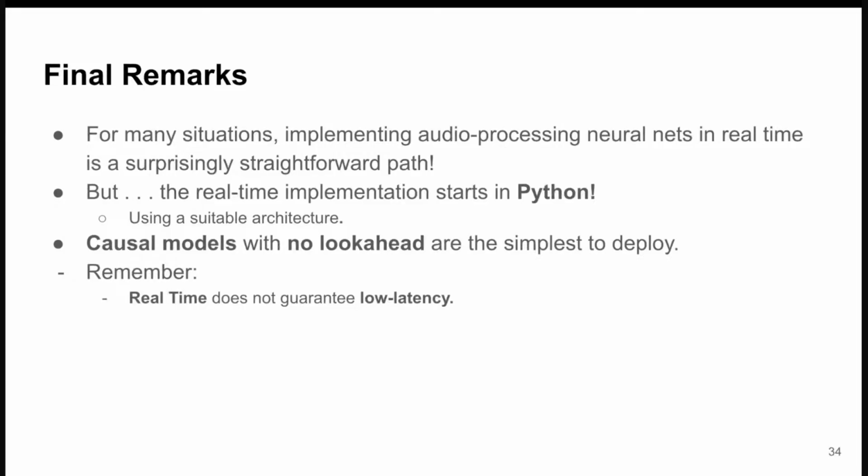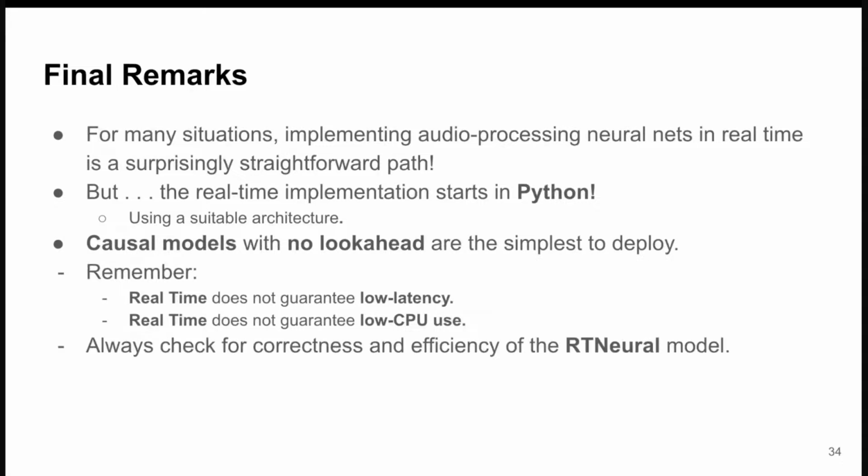Real time also does not guarantee that we have low CPU use. It just tells us that we have put deadlines in terms of latency and jitter, but maybe the algorithm is really expensive to run and you cannot run it in real time.